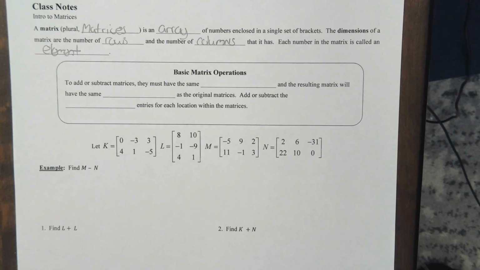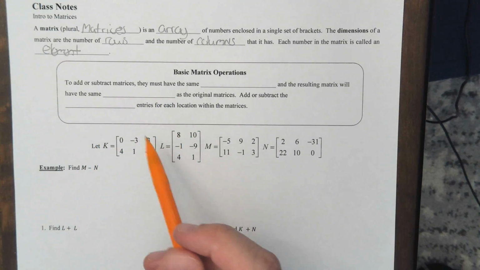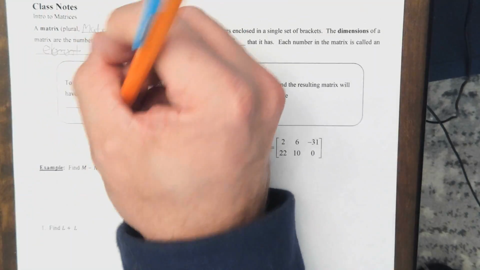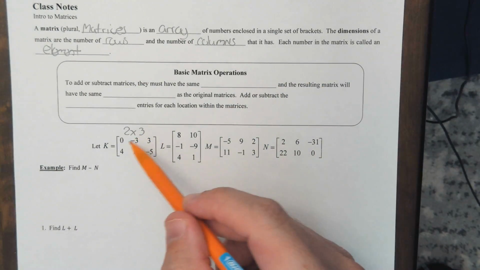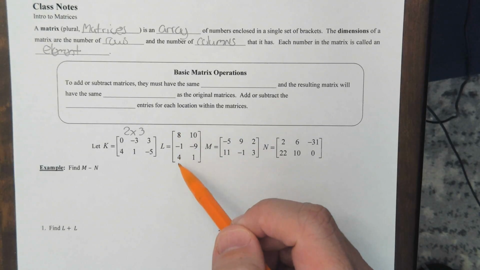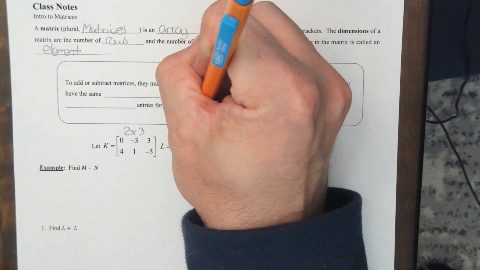Okay, so that's kind of describing this. Look at these matrices, right? This right here has 2 rows, 3 columns. So this is what we call a 2 by 3. This matrix right here has 3 rows, 2 columns. So we would call this a 3 by 2.